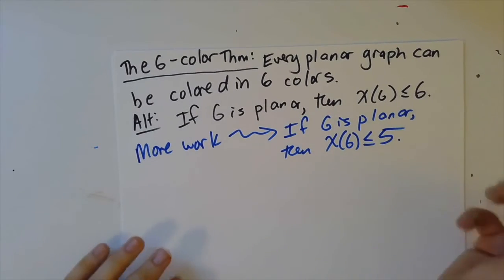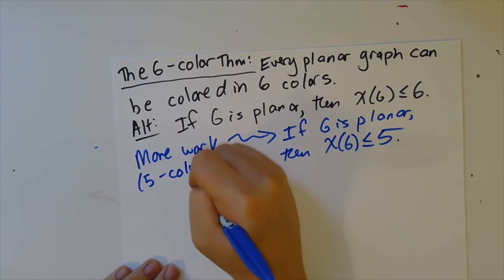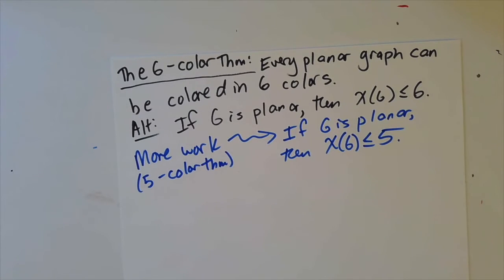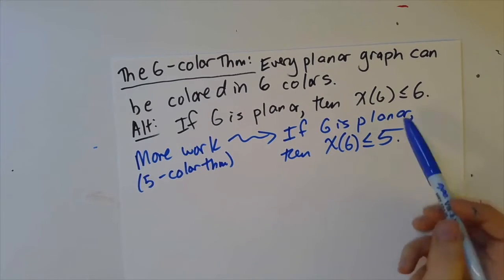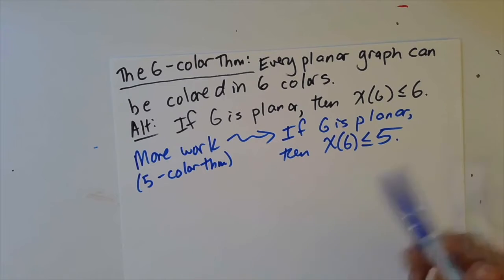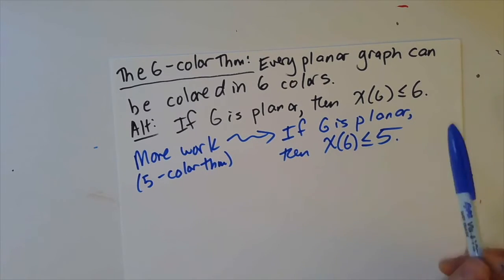Okay. And so this is uncreatively called the 5-color theorem. I'm not going to prove this for you, but if you want, this is definitely within your reach. So if you just Google or look on YouTube for 5-color theorem, you can definitely find plenty of proofs of this.